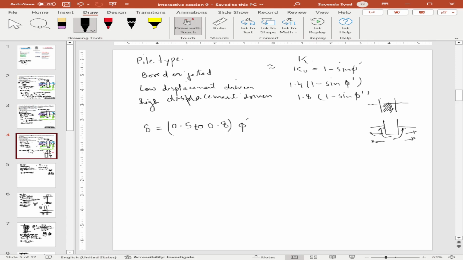For the first layer, it will be 1.8 times 1 minus sine of 32, and for the second layer it will be 1.8 times 1 minus sine of 40. So let us calculate.